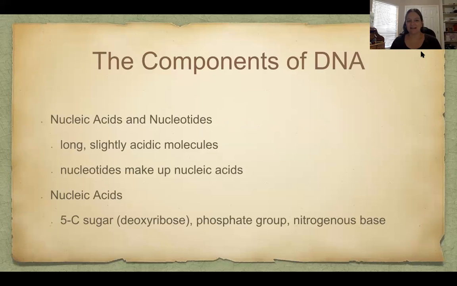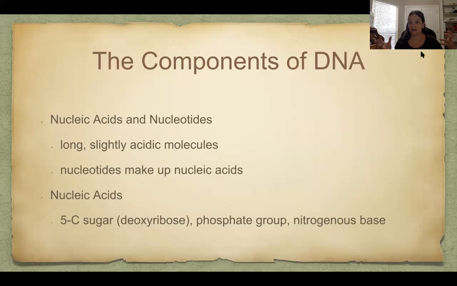DNA, the N and A stand for nucleic acids. So if you think way back to the beginning of the year, nucleic acids was one of our 4 types of molecules that we discussed. We were talking about carbs and lipids and proteins and nucleic acids. So nucleic acids are a polymer, right?